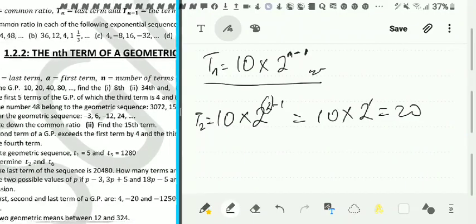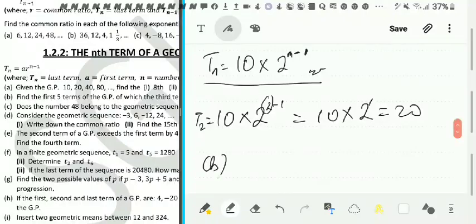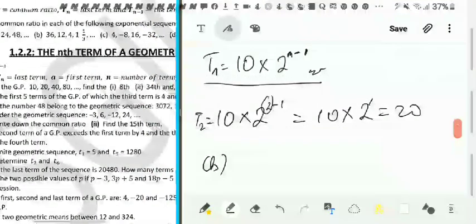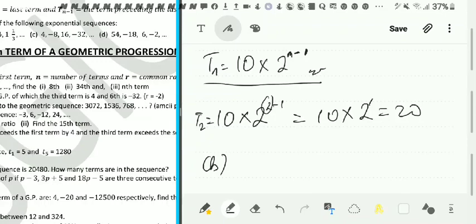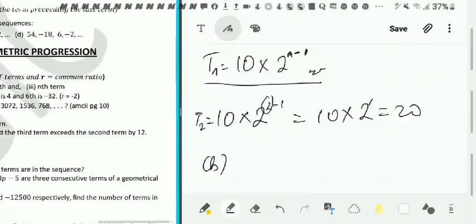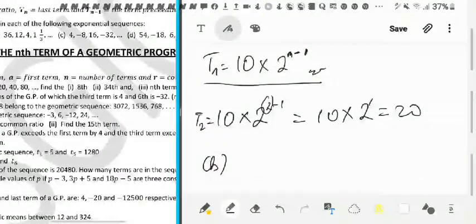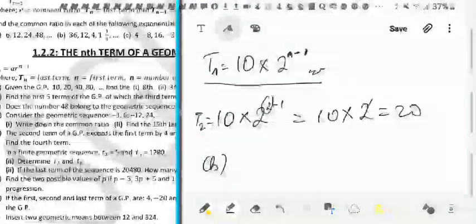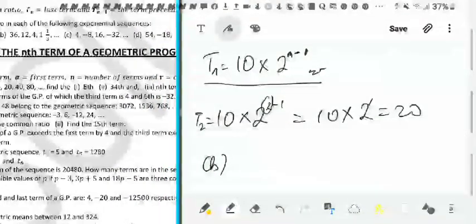Okay, let's move to the next question. B. Find the first 5 terms of the GP, of which the third term is 4 and the sixth term is negative 32.